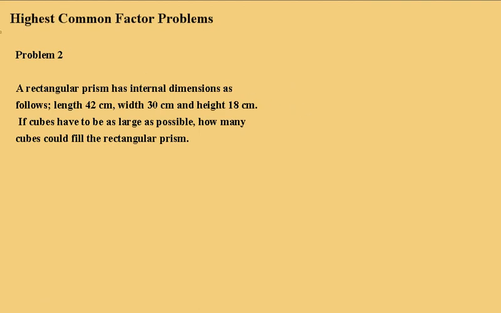So 42 is equal to 6 by 7, which is 2 by 3 by 7. 30, that is 6 by 5, which is 2 by 3 by 5.